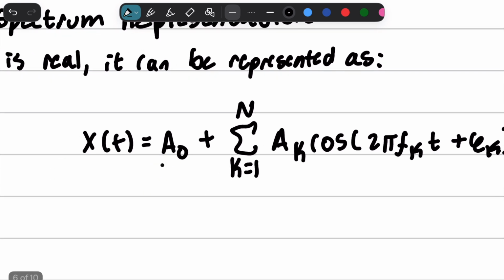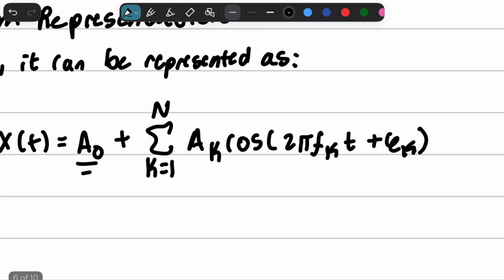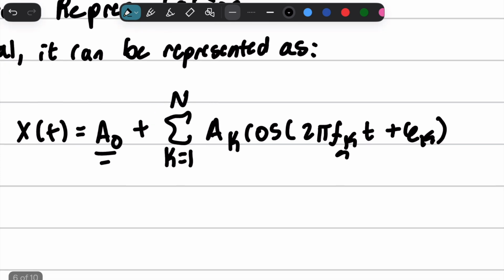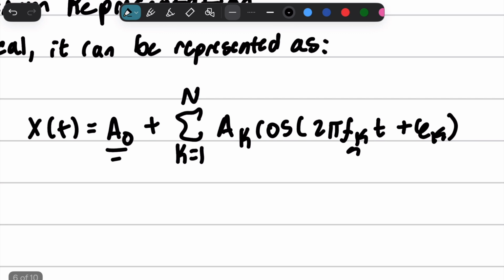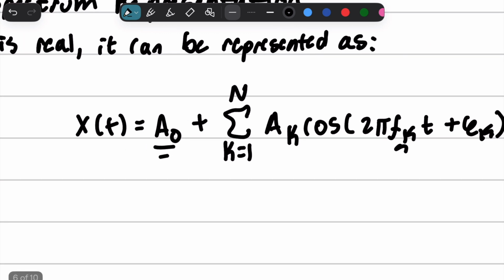So it's going to have a DC term, which is represented by A naught, and that's where f sub k is 0. That's why our summation is going from k equals 1 to however many sines or cosines make up this signal, okay? And this signal, although it's just represented by x of t, it can be v of t, i of t, or anything that really oscillates or has this kind of motion.